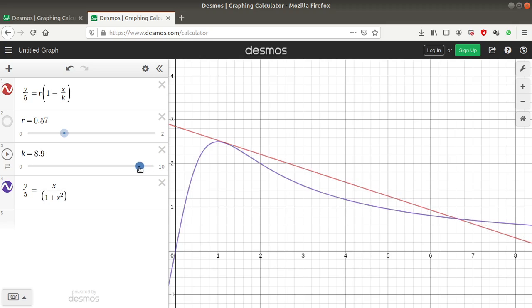Now if I reduce back, I am not suddenly jumping over here. I am slowly moving this value, and only here do I have this jump. So this is also a good example of hysteresis behavior and also of catastrophic behavior.